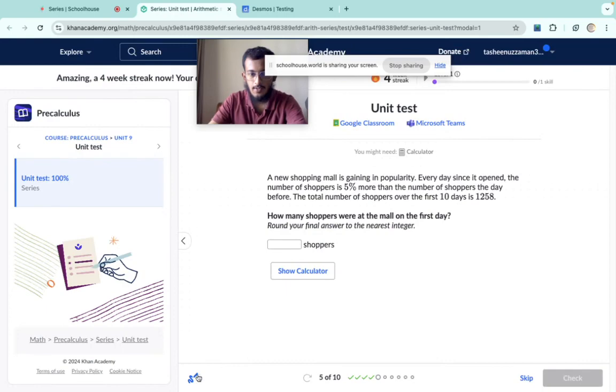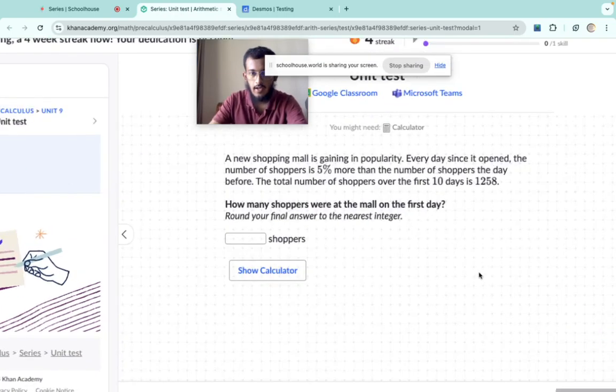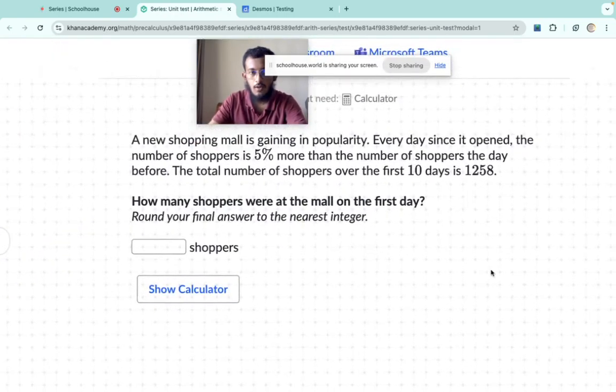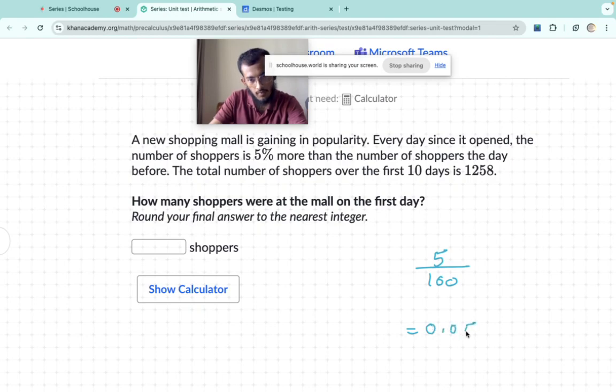So we know that 5% is 5 divided by 100, which equals 0.05. If we have 5% more, then this is the increase amount.